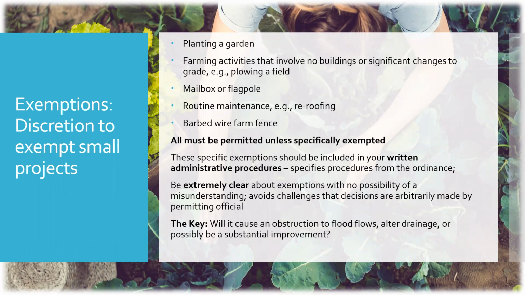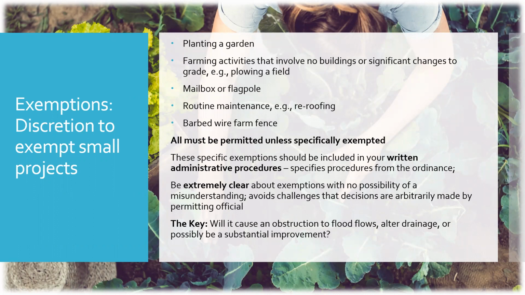So re-roofing is something that comes up quite a bit when people are just re-shingling a roof. Technically, that really should have a permit unless it's specifically exempted. And so having written administrative procedures can really flesh out these processes and make it clearer to citizens what's required and what's not.